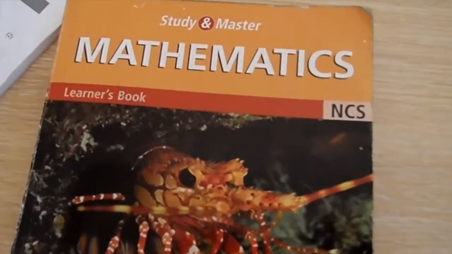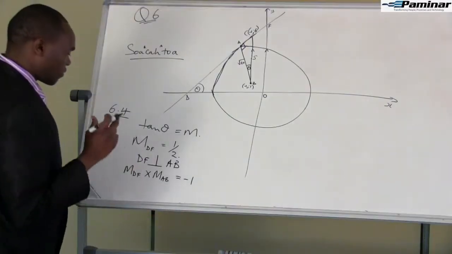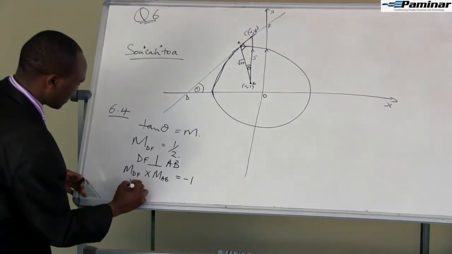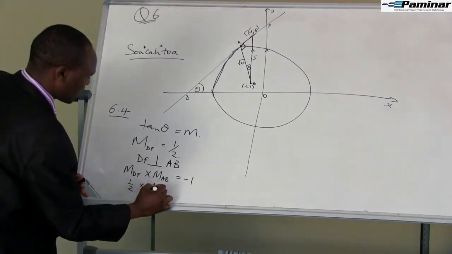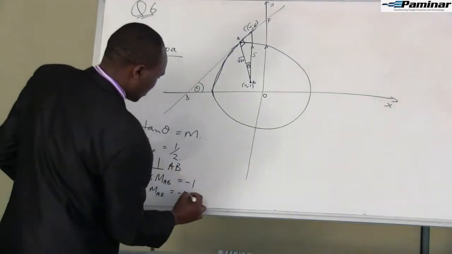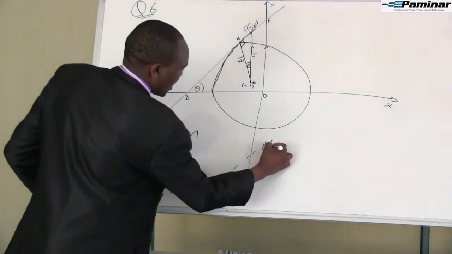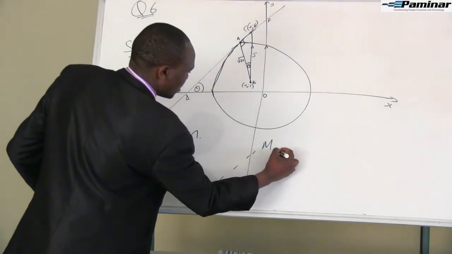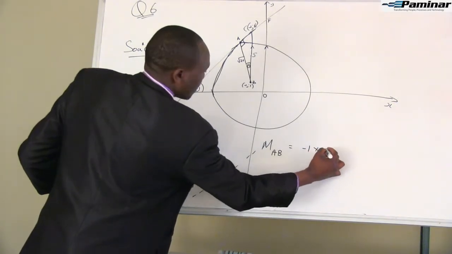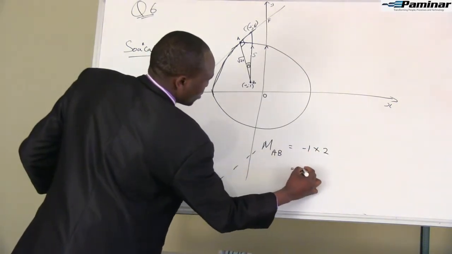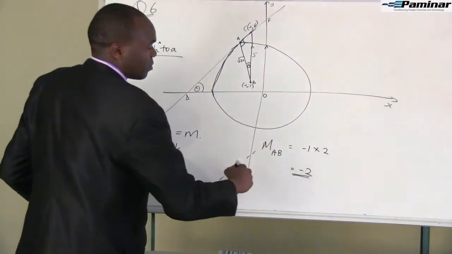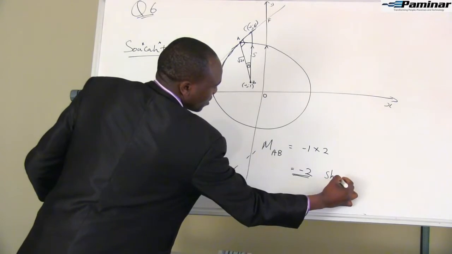This is what you know. That's why I say don't forget this. So now, what is the gradient of this? We got it already: a half times the gradient of AB is equal to minus 1. M stands for gradient. The gradient of AB is minus 1 times 2, which is minus 2. So what is the gradient of AB? Minus 2.